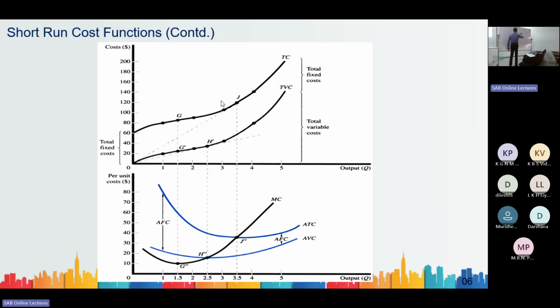So the slope is increasing. That's why we say the total variable cost is increasing at an increasing rate. That is the typical nature of the total variable cost curve: initially it's increasing at a decreasing rate, and afterward it's still increasing but at an increasing rate.